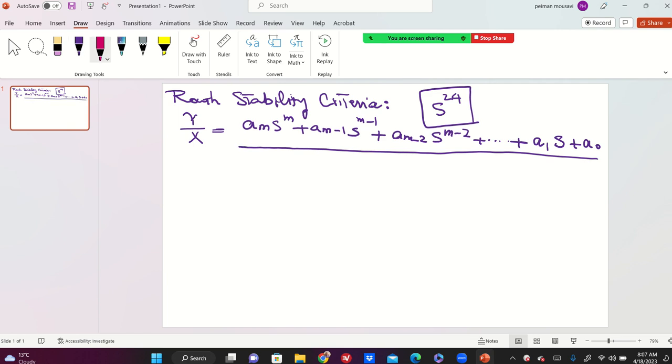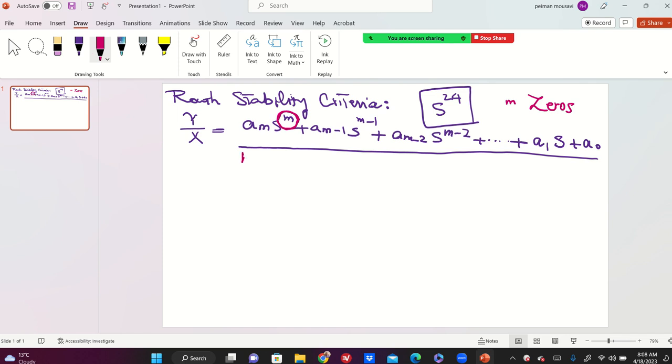How many zeros? M zeros. Because this is an equation in the order of m. That's right. So m zeros you have.